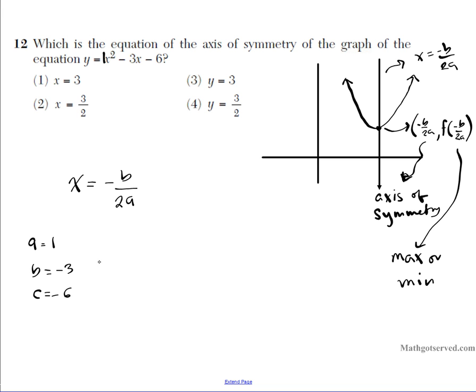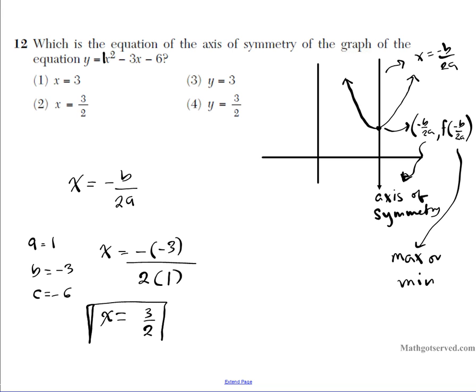We plug all that into this equation. So you're going to have negative negative 3 over 2 times a, which is just 1. So we're going to have 3 over 2, and that's the value of your axis of symmetry. Remember, it's x, not y. The y is the max or the min. So your answer is option 2.